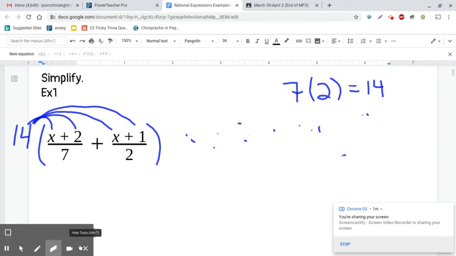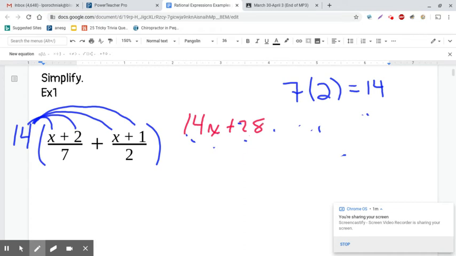Okay. So that 14 is going to go to everything. So 14 times x is 14x. 14 times 2 is 28. And we're going to keep that whole thing over 7. Then we're going to add 14 times x is 14x. Now we're going to do 14 times 1, so you get plus 1.